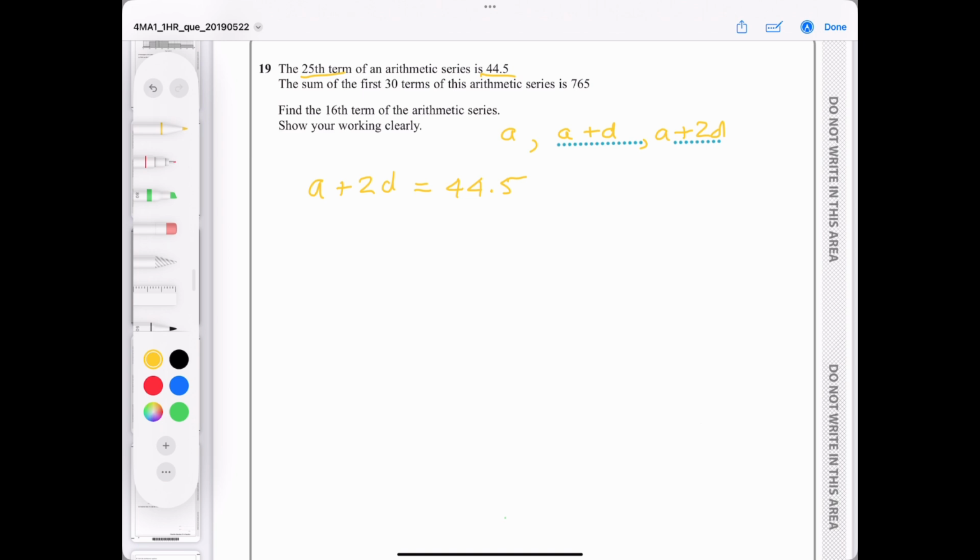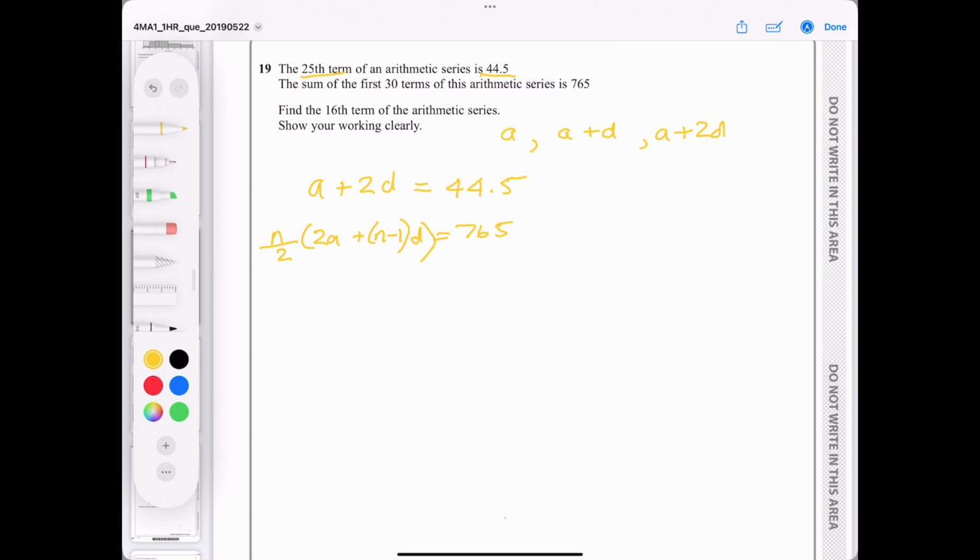And on the front of your paper you will find this. So it says sum, so that's 765, equals the number of terms over 2 times 2 times the beginning term plus n minus 1 times d. So we'll just fill those in, or what we know of those.